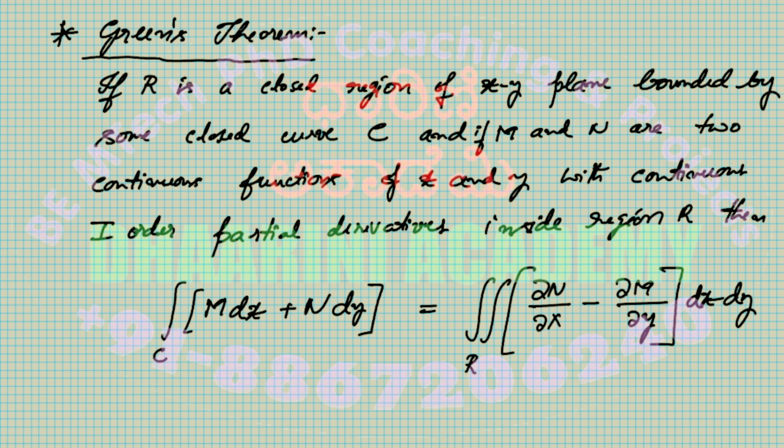So as we can see here, this particular theorem helps us in conversion of a single integral into a double integral or vice versa. Okay, if a double integral is given, I can convert that into a single integral, or if a single integral is given, you can convert it to a double integral.